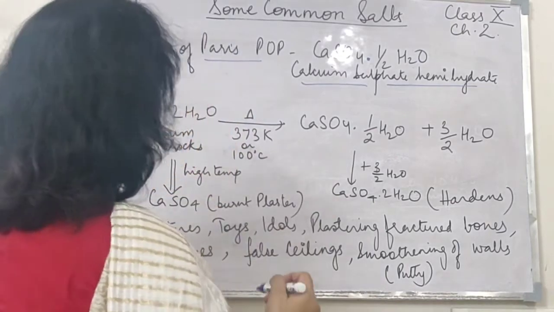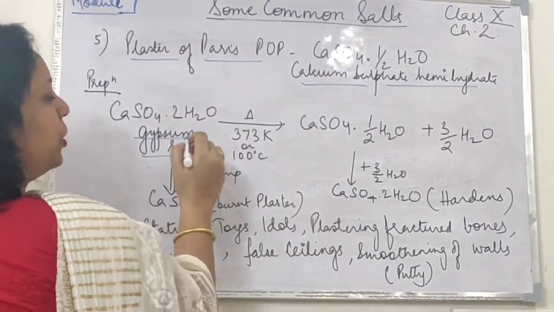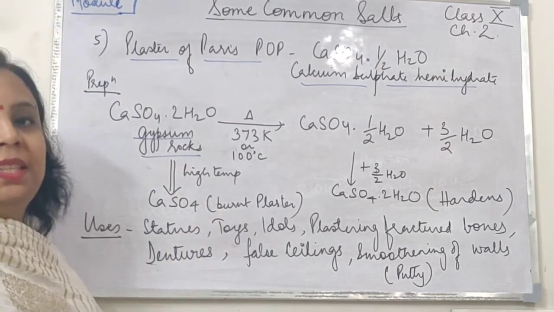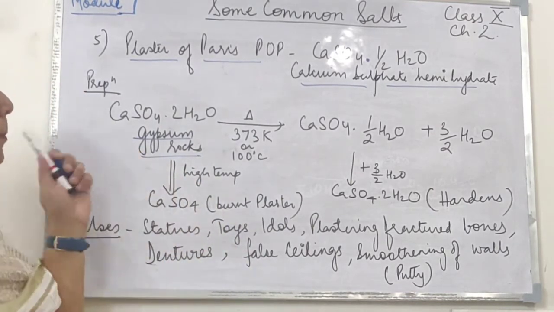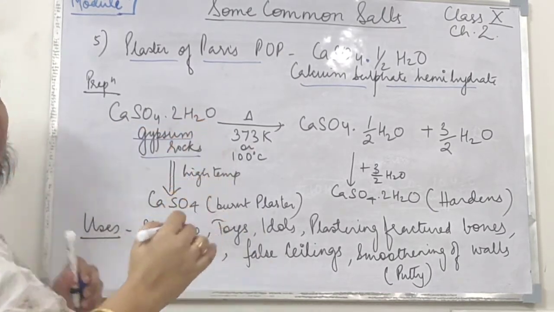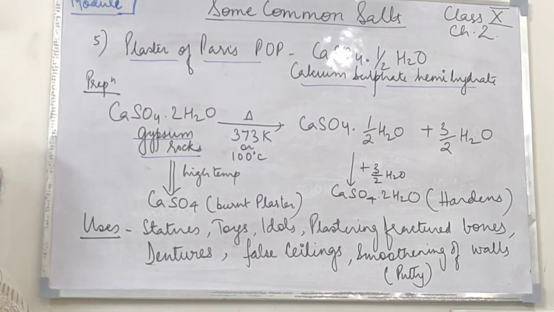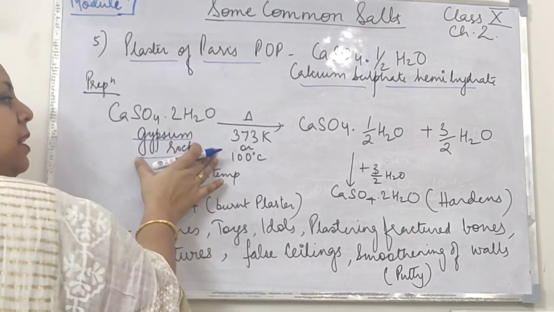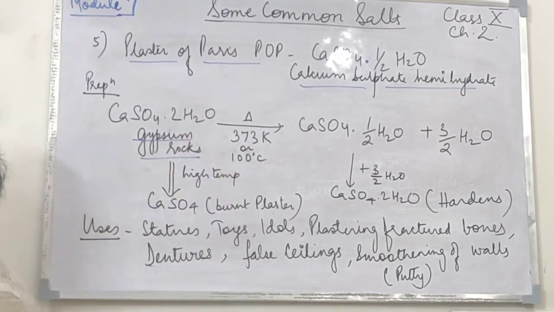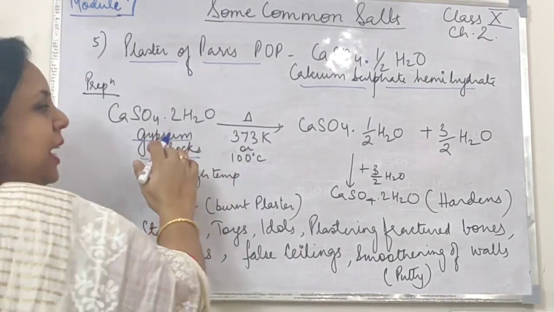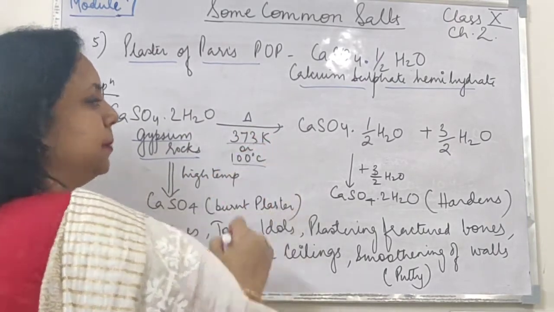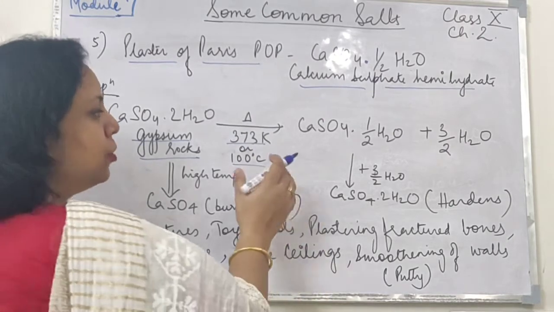Now children, there is a very famous rock, as I told you, in the France region, which is known by the name gypsum. Now gypsum is calcium sulfate dihydrate, or bihydrate also we can say. This is again a kind of salt which is present in this mineral rock known as gypsum. If we heat this at around 100 degrees C, but not beyond, what is going to happen?